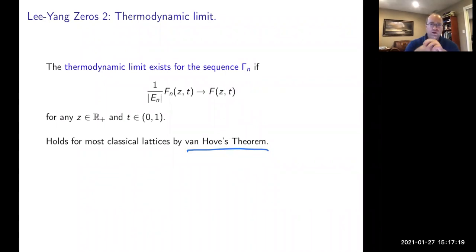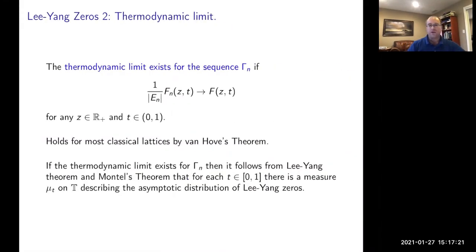What's nice about this is that, assuming this, it follows from the Lee-Yang theorem, because you know that the singularities of the free energy have to be on the unit circle, and Montel's theorem, that if you have this classical thermodynamic limit, then there's a limiting measure of Lee-Yang zeros. And in fact, the thermodynamic limit exists in the whole complex z plane in that sense.